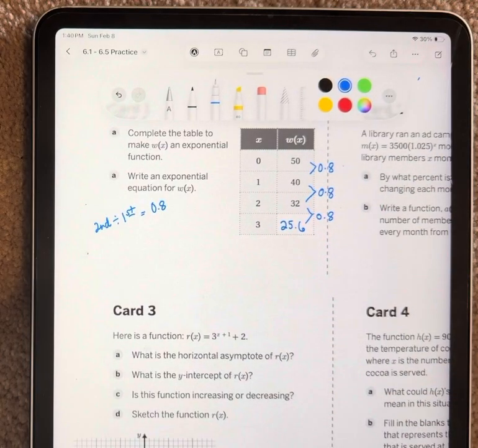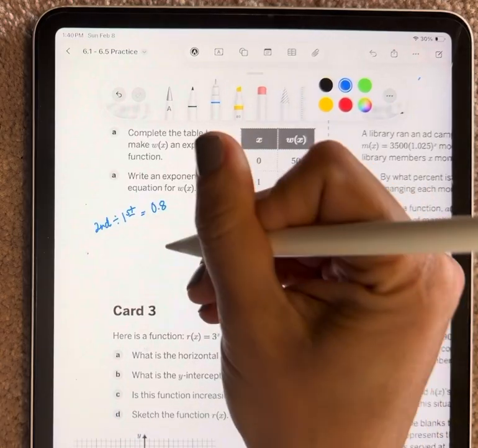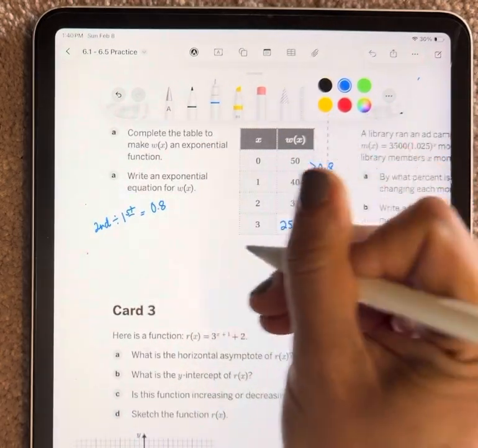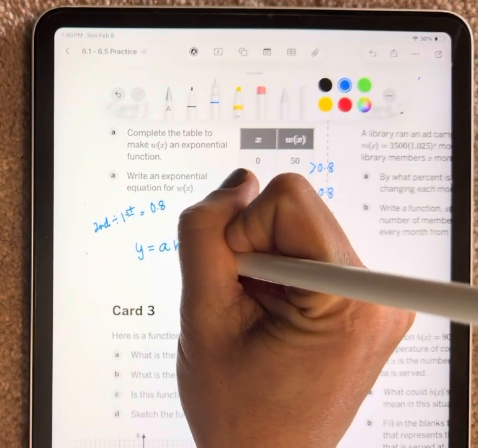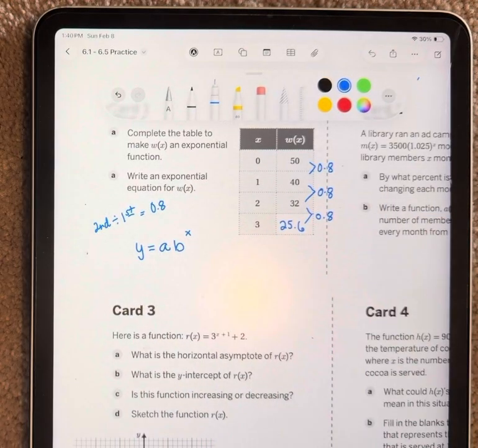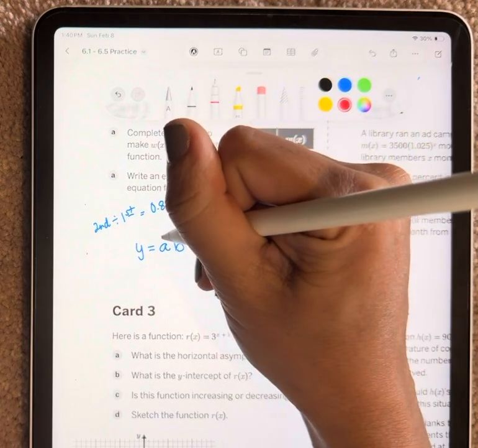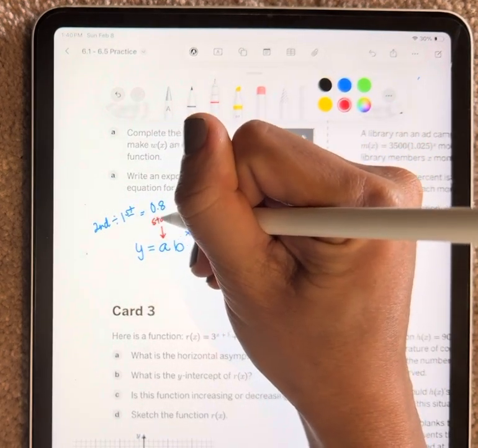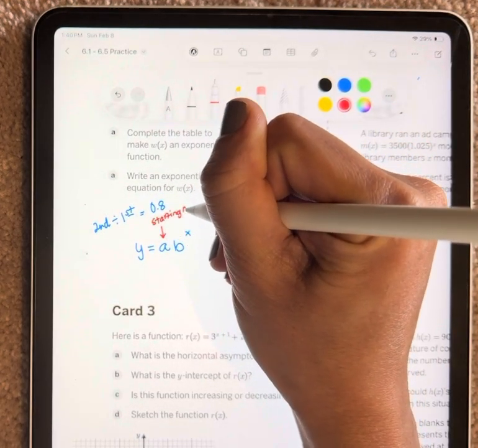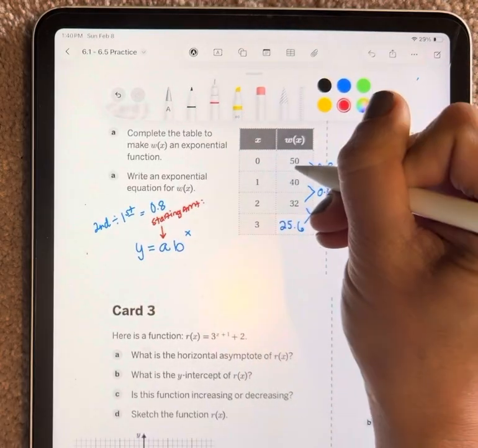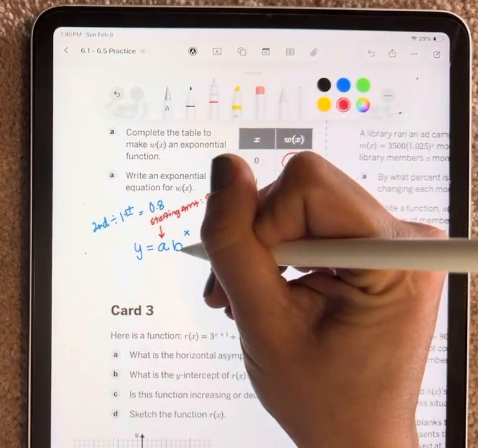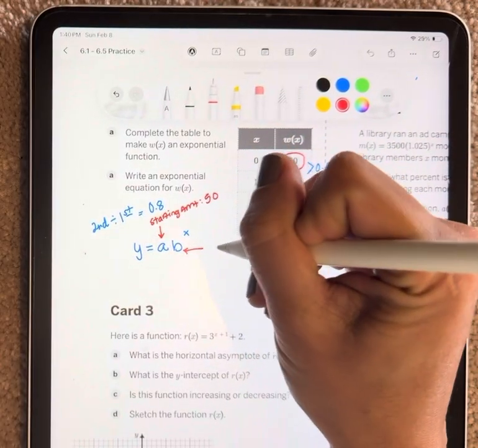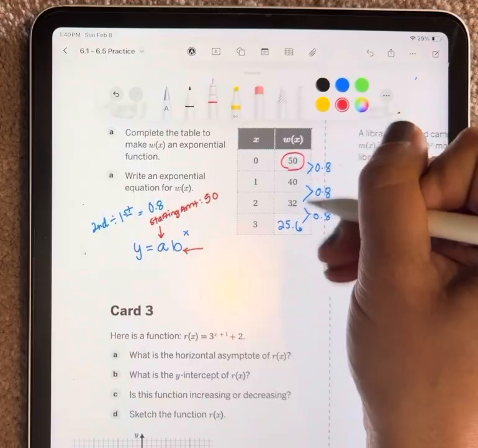Okay, now they want me to write an exponential function. So let's understand that, okay? These types of exponential functions, they have this form right here. Y equals AB to the power of x. And A is our starting amount. In this case, it's 50. That's what we started with. And then B is our growth rate, or in this case, we're decaying, our decay rate.